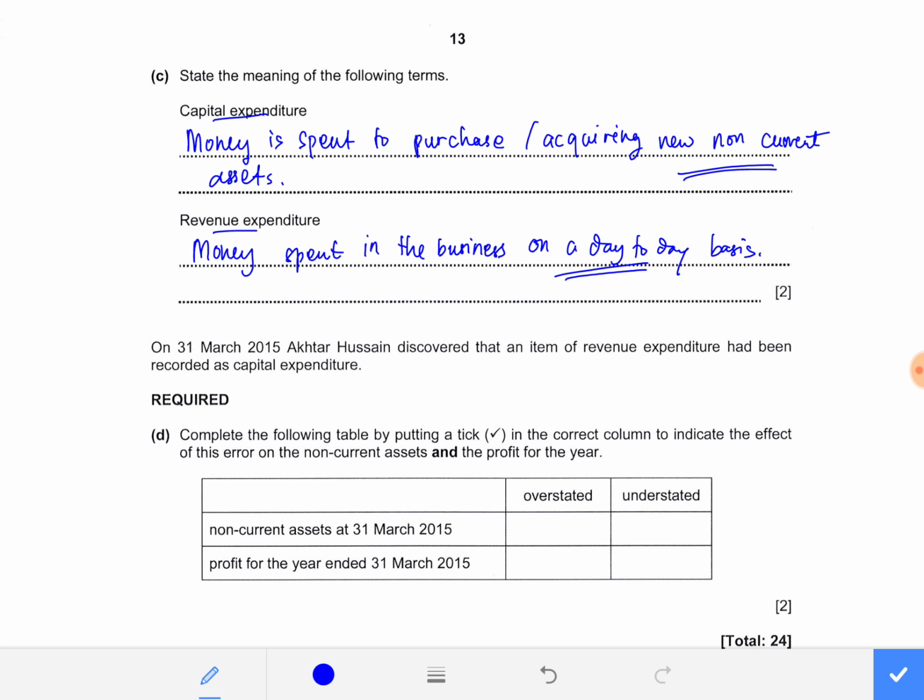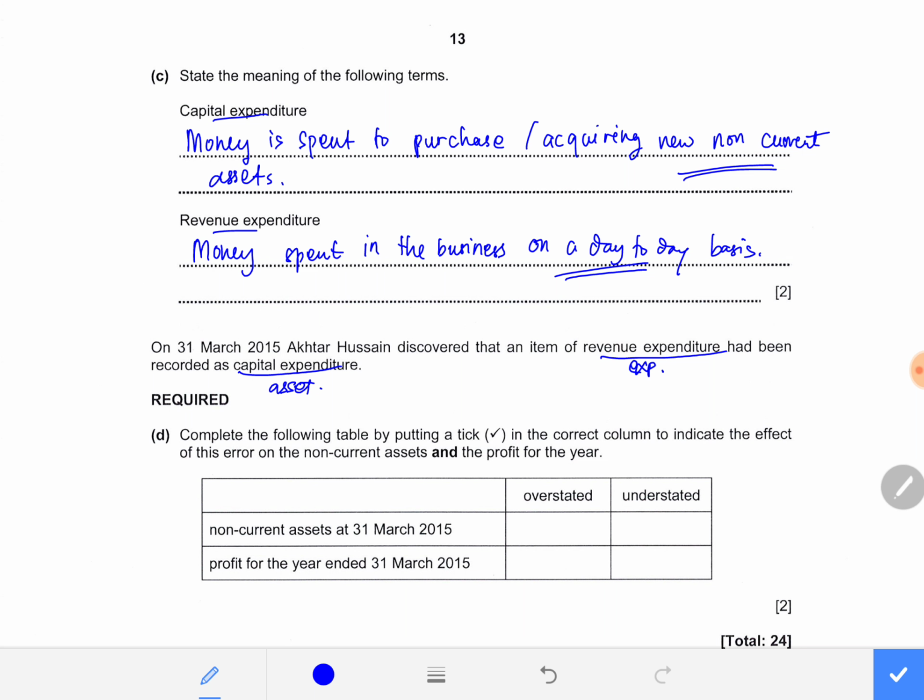Last one. On 31st of March 2015, Akhtar Hussein discovered that an item of revenue expenditure had been recorded as capital expenditure. Revenue is expense. Capital expenditure is asset.